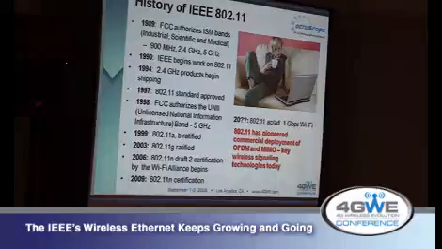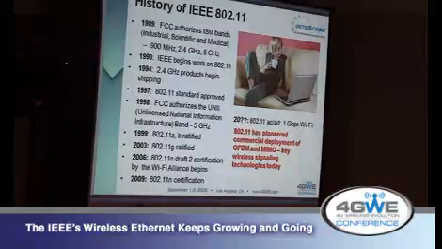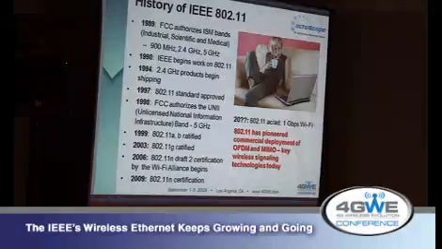Okay, so history of .11. Obviously, .11 brought us OFDM and MIMO. It started out, and it took a long time to do the original standard. It took almost 7 years before the standard was approved. It was a tiny group of people who basically looked at the cell phones and said, geez, you can do wireless cheap, let's try and do wireless Ethernet.